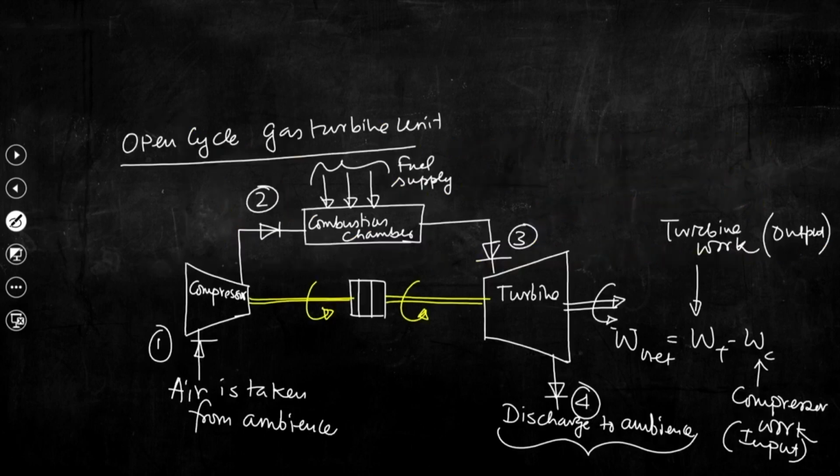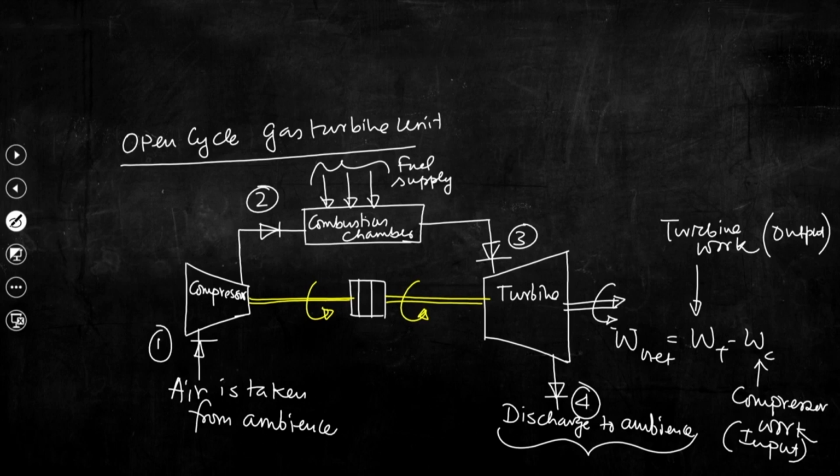Now, question is, as I said that open cycle gas turbine units are used mostly in the aircraft fields. One important drawback is air is directly taken from the ambience. So, that air will be now allowed to pass through the compressor, then the turbine.